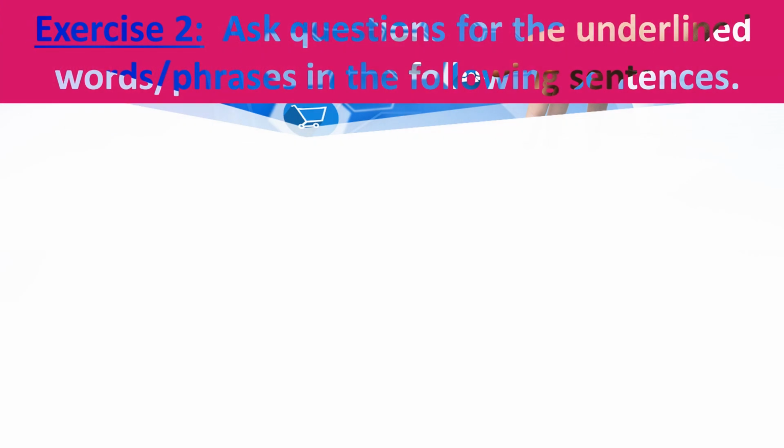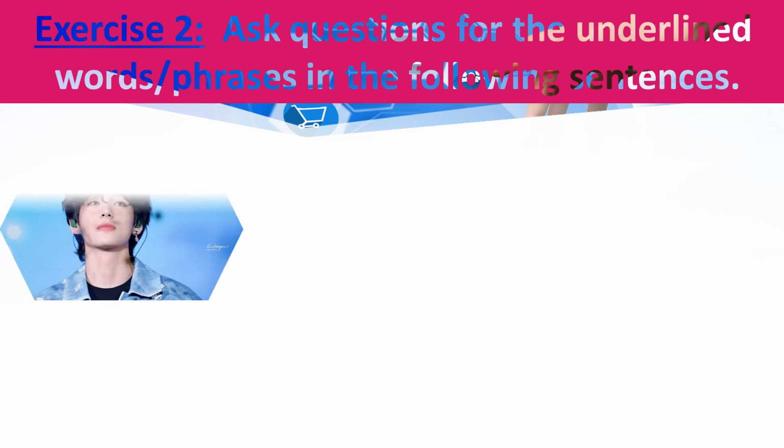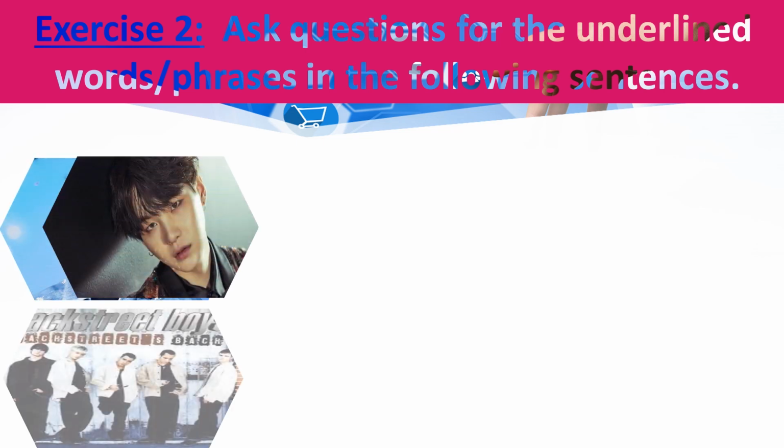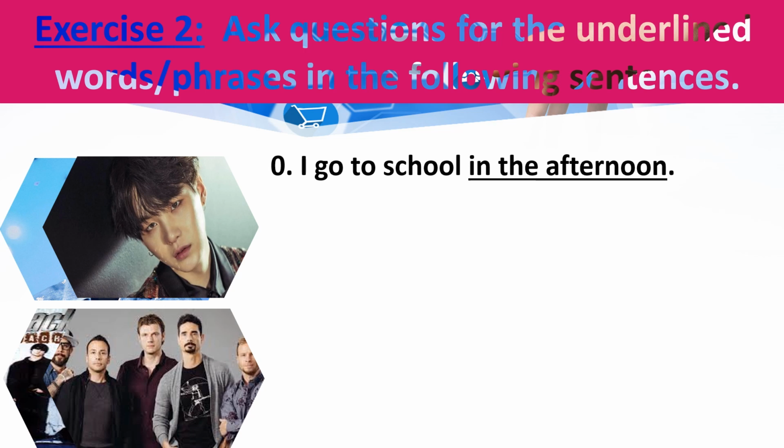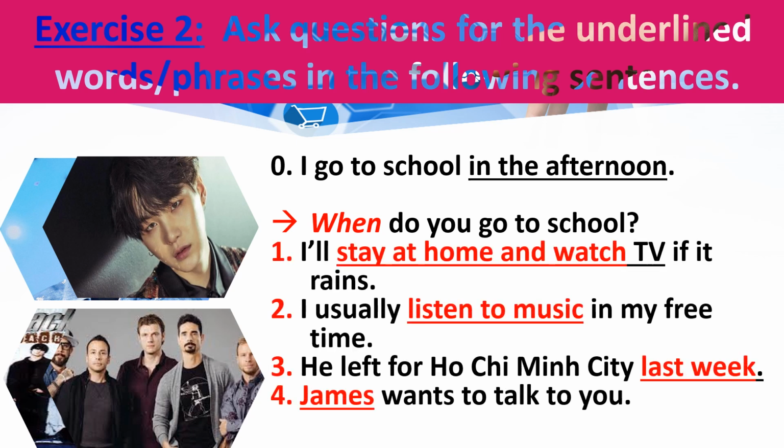Exercise 2. Ask questions for the underlined word or phrases in the following sentences. For example, I go to school in the afternoon, so you can make the questions. When do you go to school? Number 1.